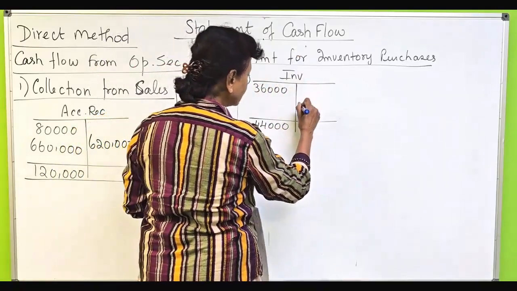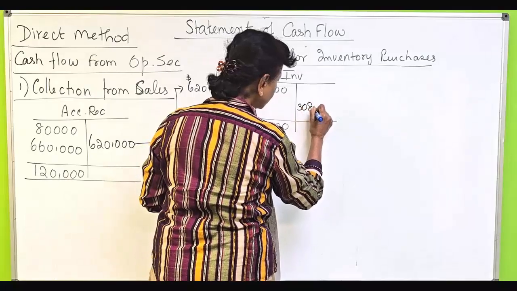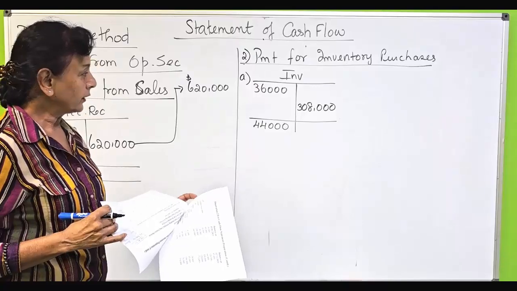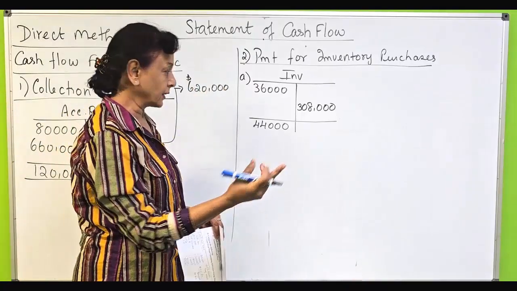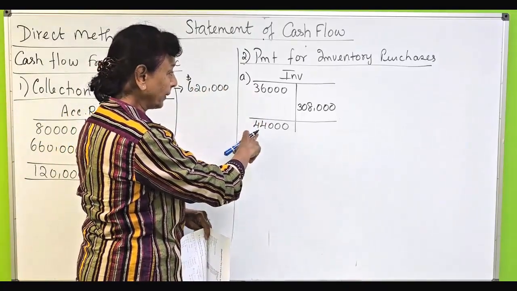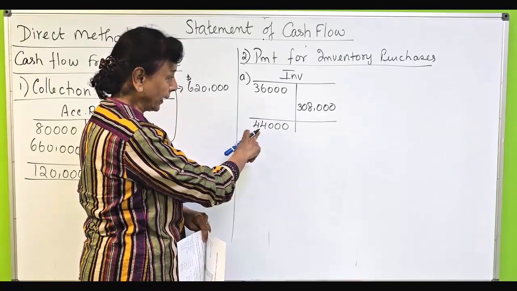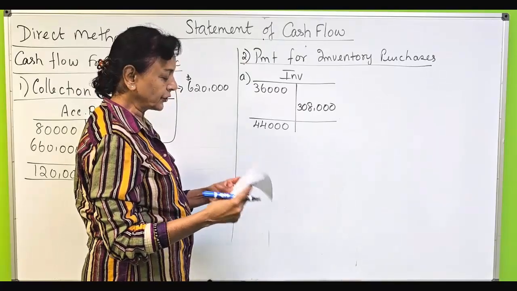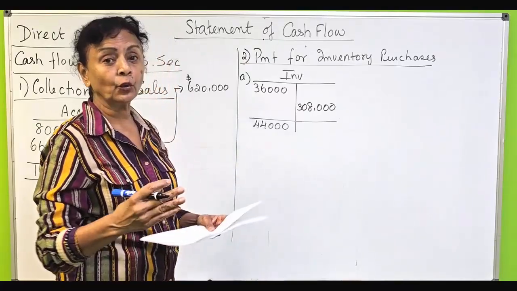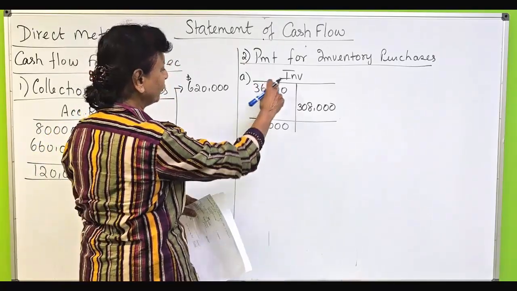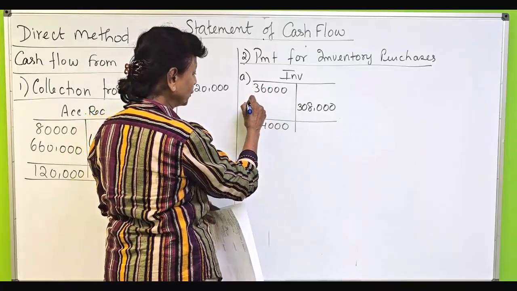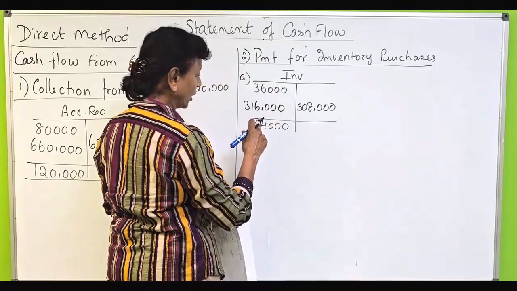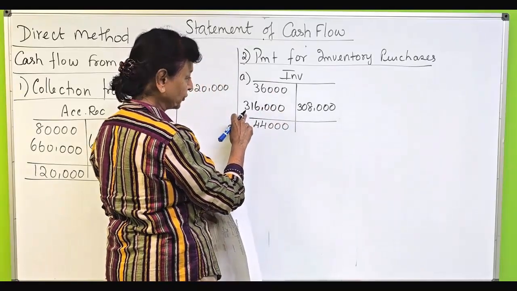So out of the inventory, they took out $308,000. The inventory still increased by $8,000 after selling $308,000 of inventory, which is shown in your cost of goods sold. Therefore, they should have purchased inventory for $316,000. This is the inventory purchase.